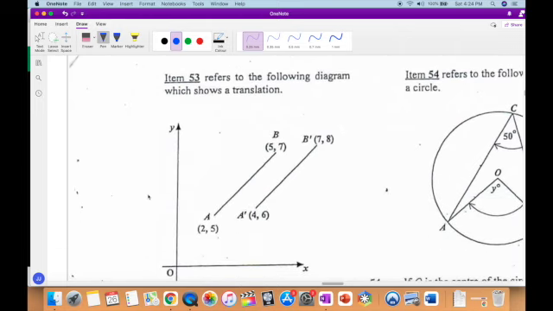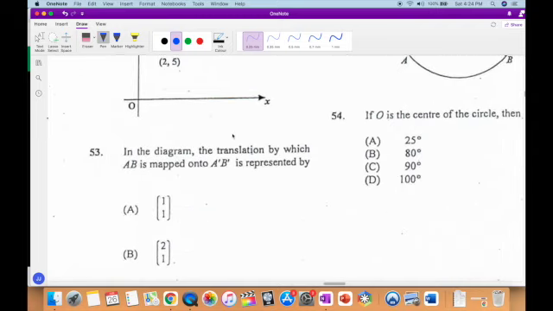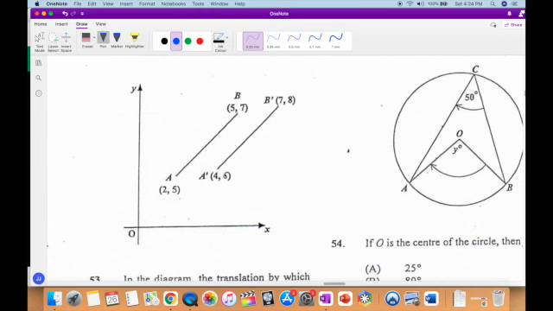Refers to the following diagram, which shows a translation. I see A to B, and then A prime to B prime. In the diagram, the translation by which AB is mapped onto A prime B prime, I have to take a look at A to A prime.